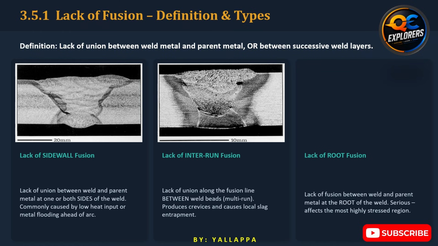This is why the inspector needs to understand the relationship between welding technique and likely imperfection location. For example, sidewall fusion problems may indicate inadequate heat reaching the fusion face, while root fusion problems may point toward incorrect root gap, root face, electrode size, or welding technique. Next, we will examine the specific causes and prevention of sidewall lack of fusion.